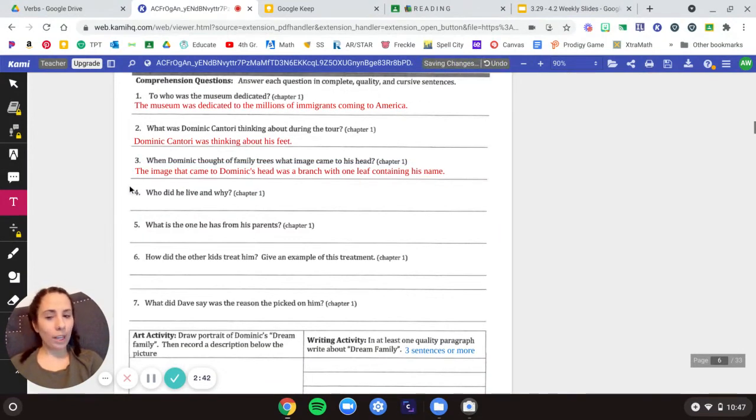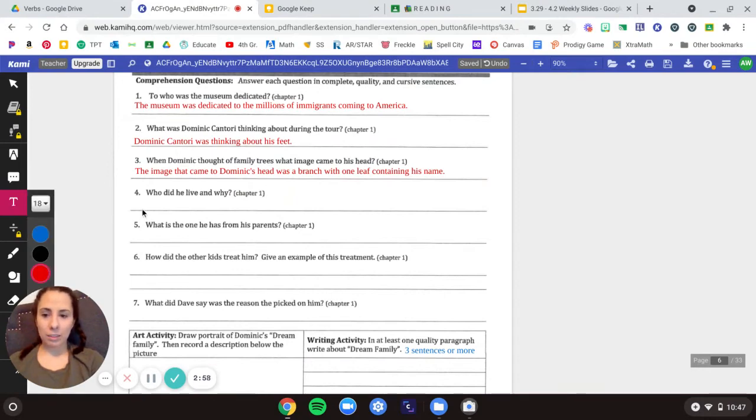So this time I didn't quite restate my question, but I got the main part of the question. The image that came to his head was, that linking verb, a branch with one leaf containing his name.